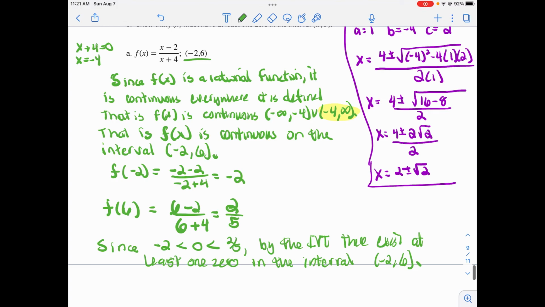And sometimes I'll ask you to find the 0. And you do like we just did to find that value, but this time it didn't ask you to find it. So that's all I need to do for this problem.